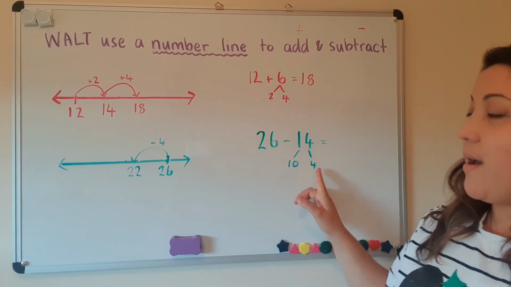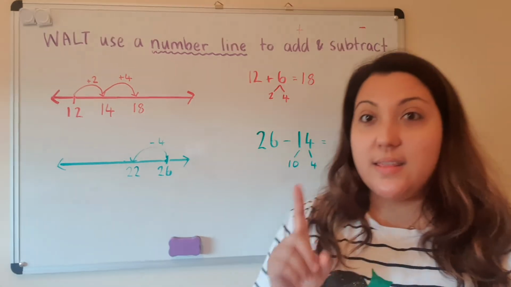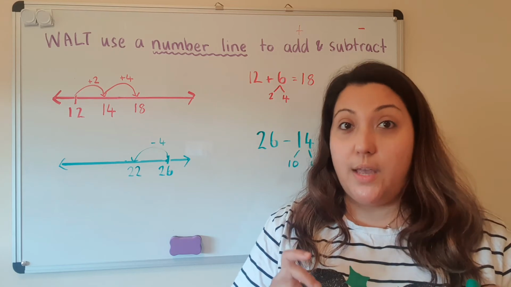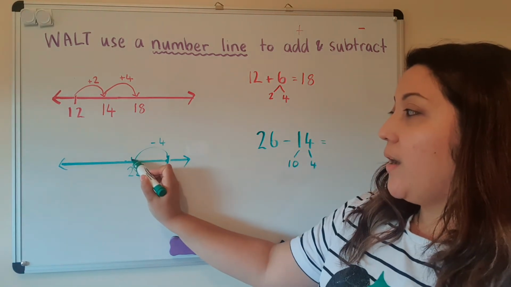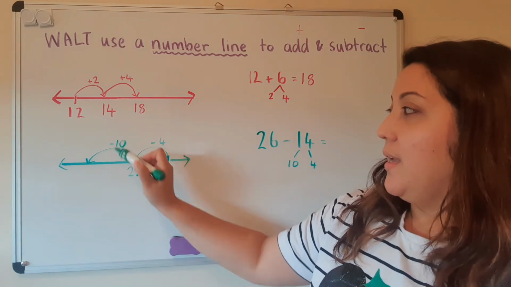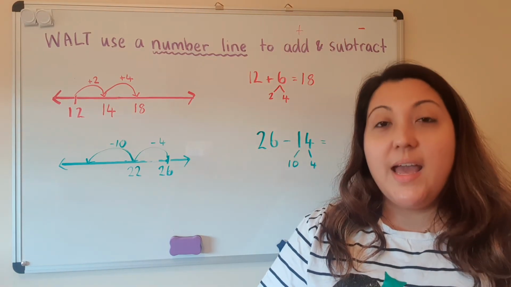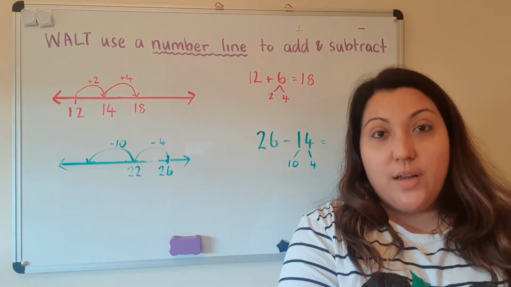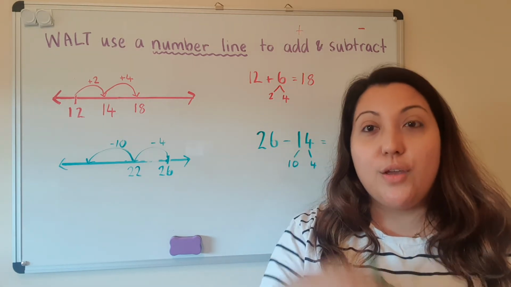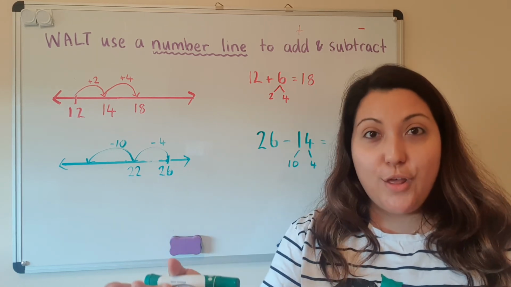I have taken away my 4 from my 1s column, and now I need to take away the 10, and this is where counting backwards by 10 is going to help you. So you're going to do one big backwards jump of 10. If we remember counting forwards by 10s, 10, 20, 30, 40, and then counting forwards by 10s from a different number, like 15, you add 10, 25, add 10, 35.